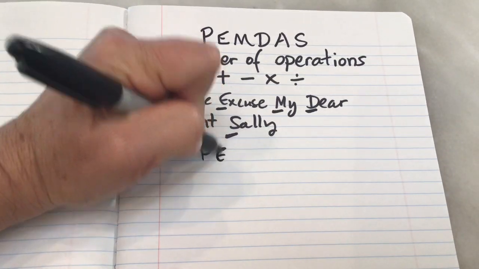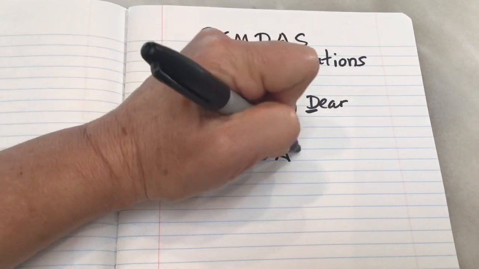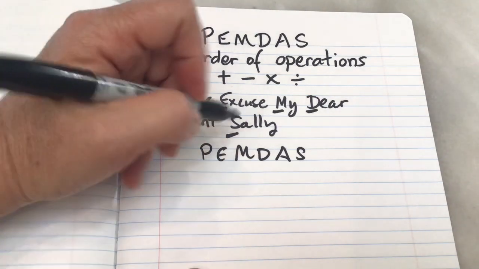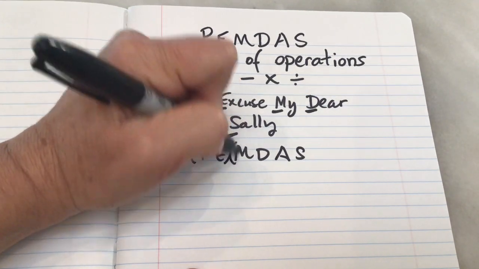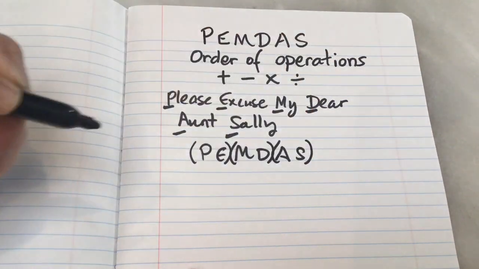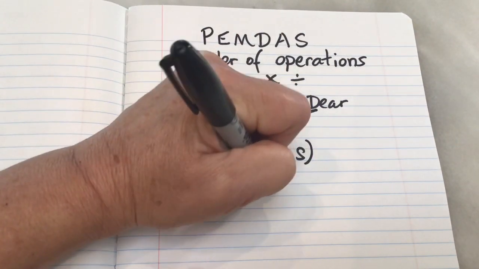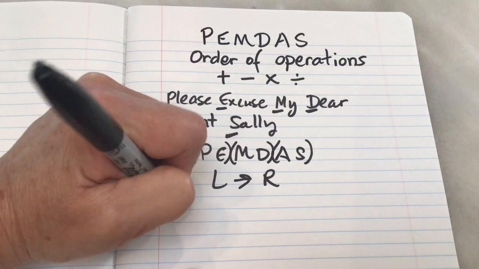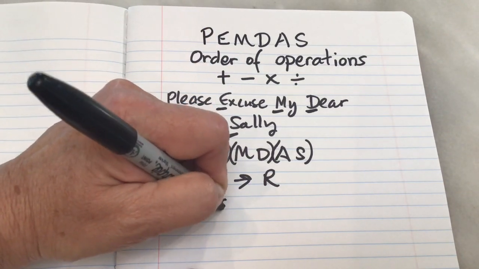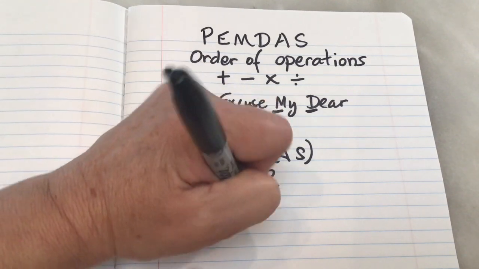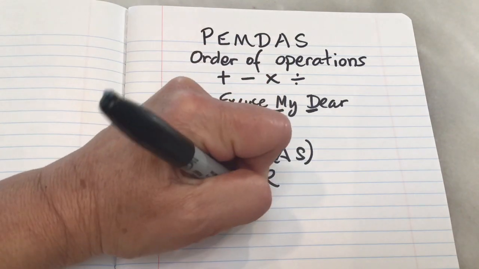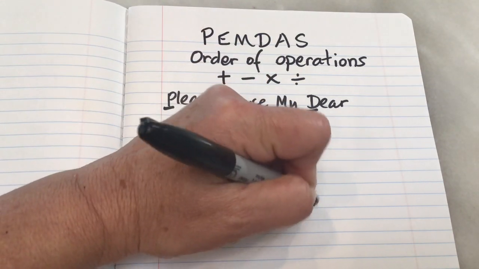But within PEMDAS, there's also another thing I want you to be aware of: either of these can come in order from left to right. So this one represents parentheses, and parentheses mean you do this first. The second one represents exponents.